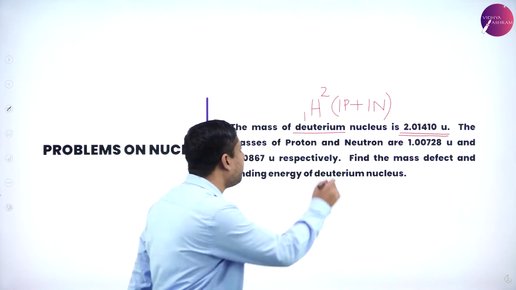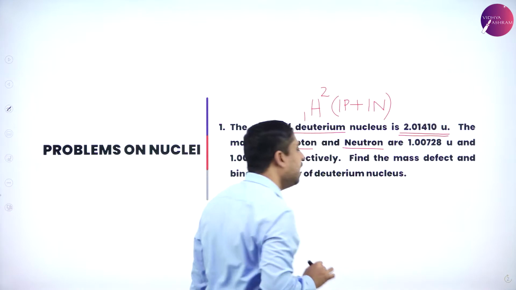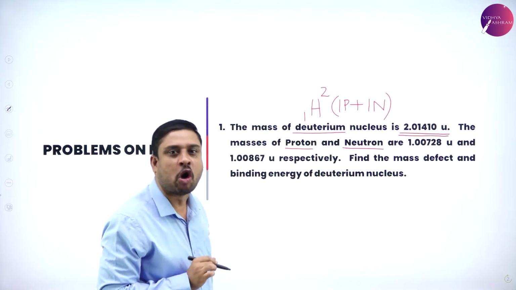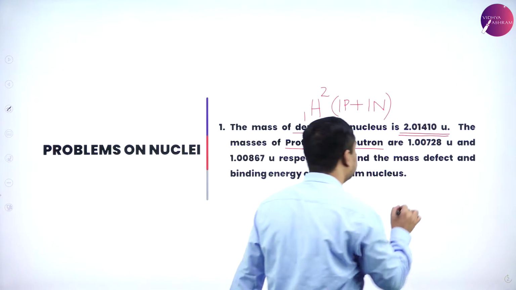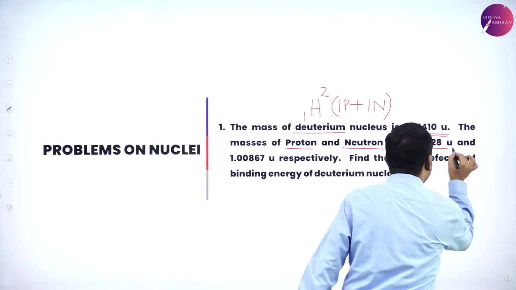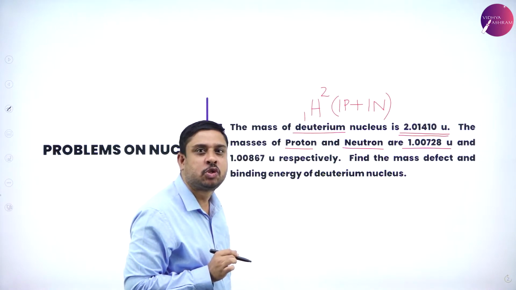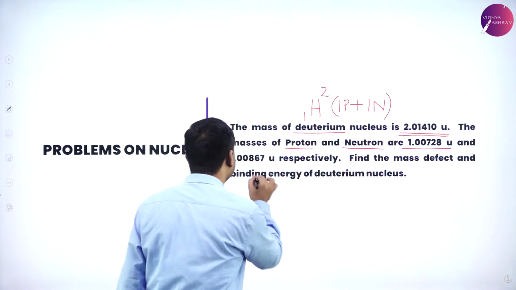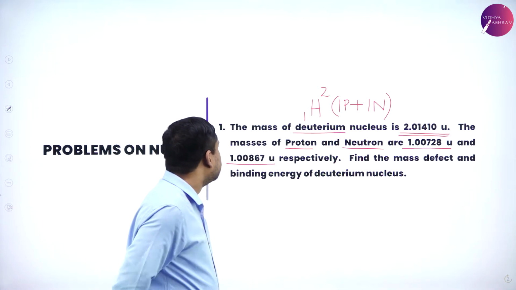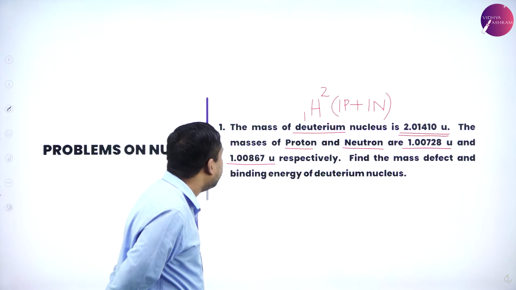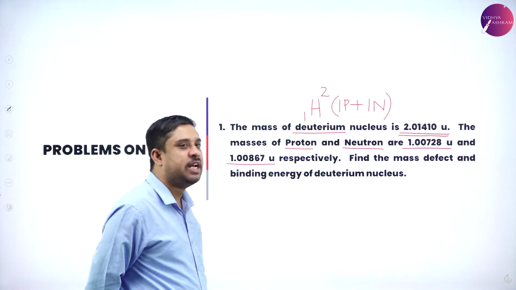The masses of proton and neutron are given to be 1.00728 units and 1.00867 units respectively.